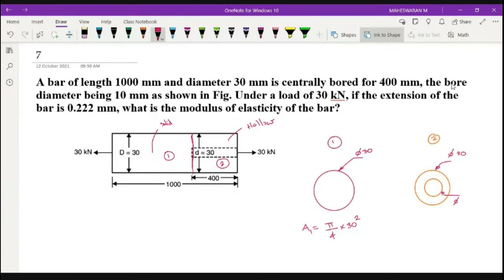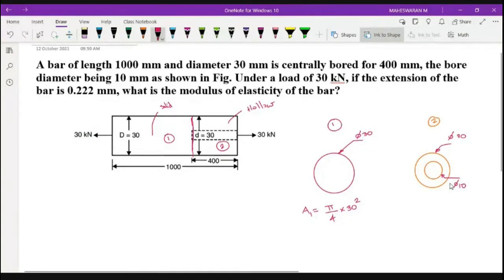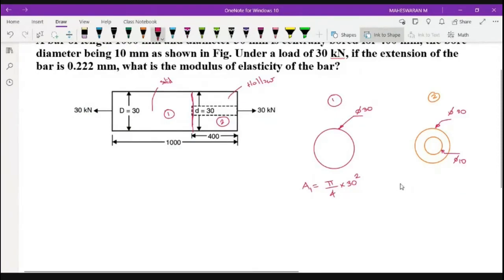So this is having a diameter of 10. In that case, I will get A2. What will be my A2? It is pi by 4 into external diameter square, 30 square, minus internal diameter square, 10 square. Now, can you identify the values of this A1 and this A2?